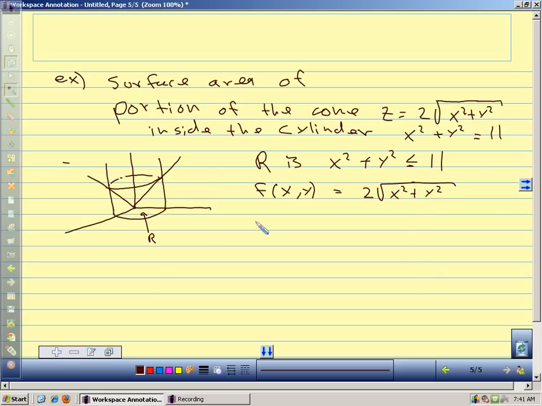So we need our partial derivatives of f. So f sub x is 2x times x squared plus y squared to the minus 1/2. F sub y is 2y times x squared plus y squared to the minus 1/2.